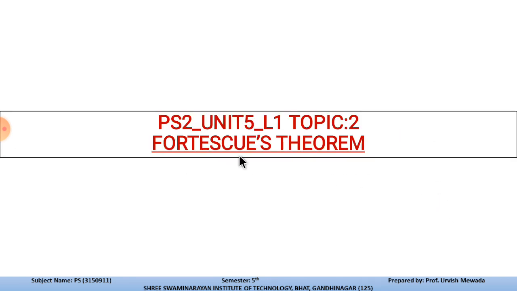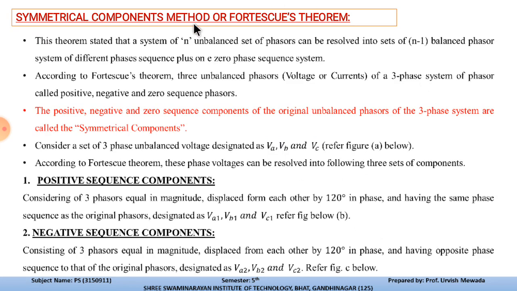Now, Fortescue's theorem is the most important theory of this chapter. So let us discuss what Fortescue's theorem states. In 1918, C. L. Fortescue introduced the concept of symmetrical components, and the theorem states that if we have a large interconnected power system, we have n unbalanced phasors whenever a fault occurs.